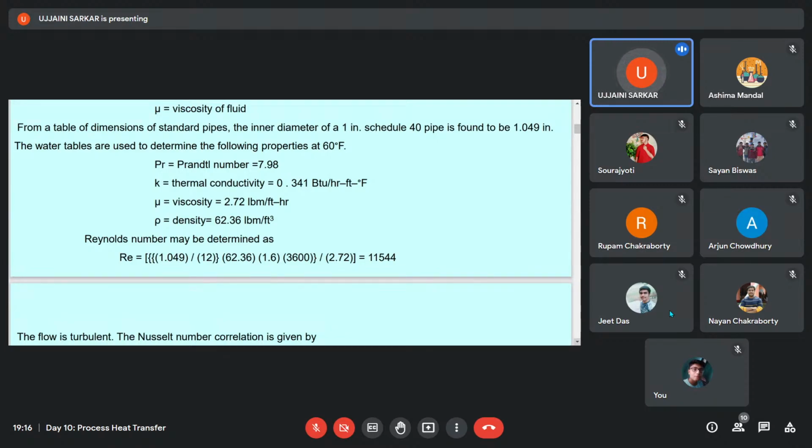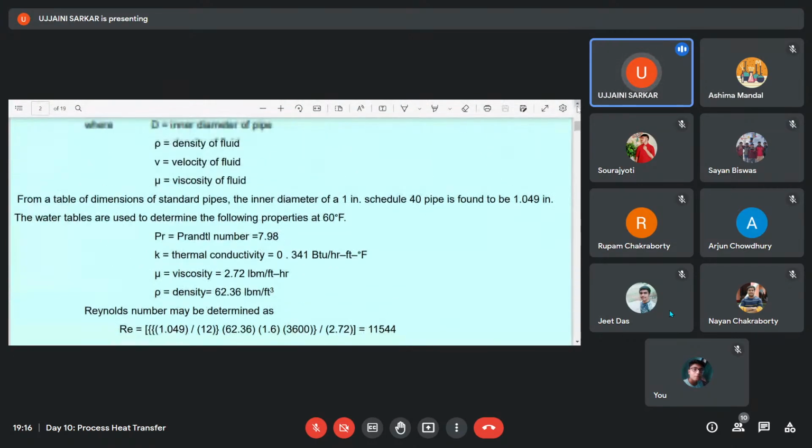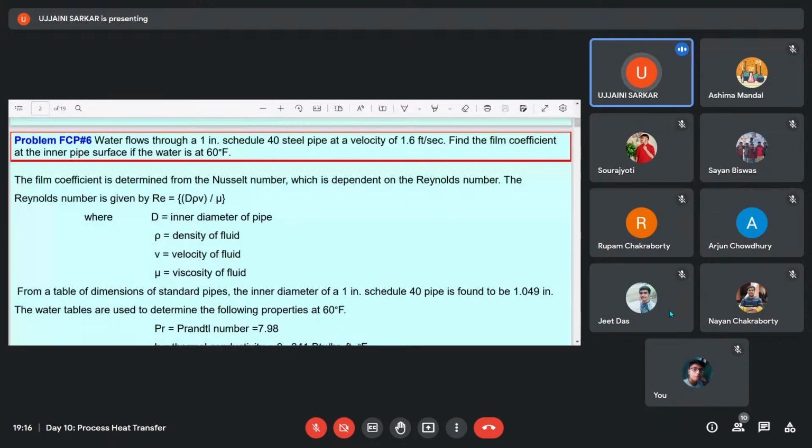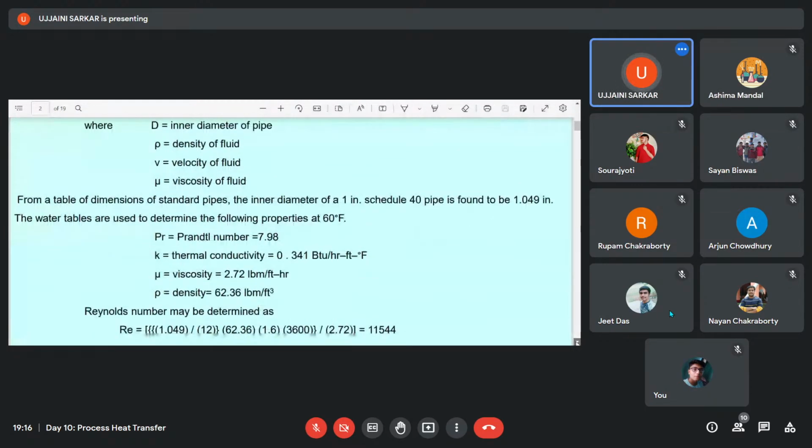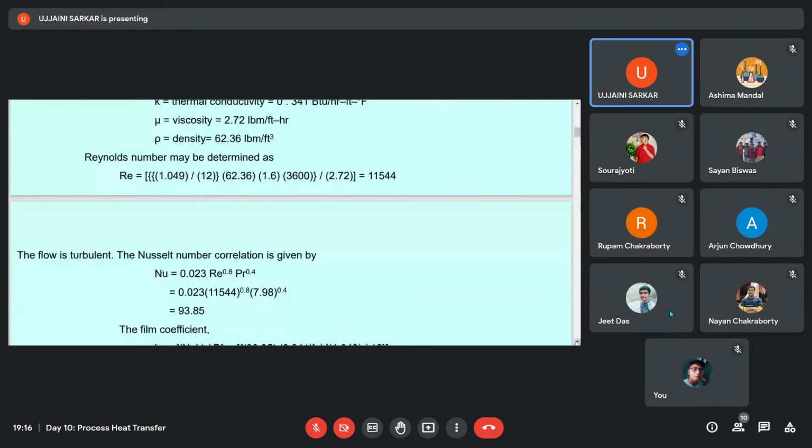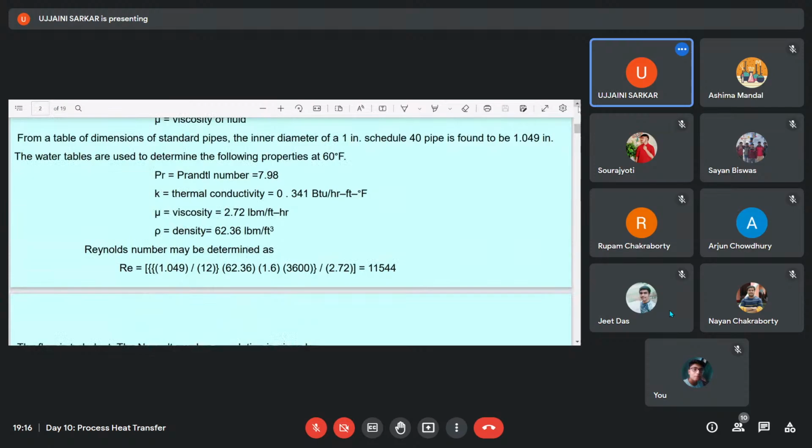So Reynolds number, you please check. V is 1.6 feet per second. And diameter is 1.049 inch, so 1.049 divided by 12 feet.